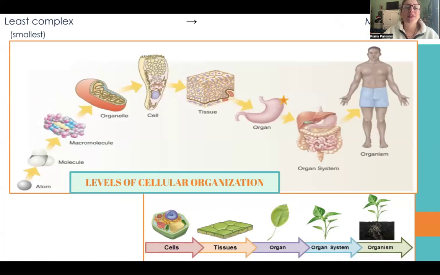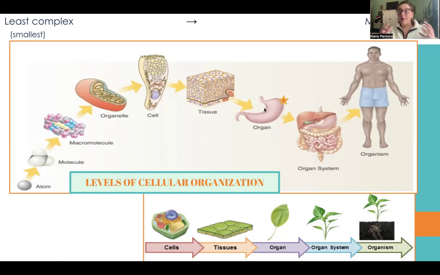So, levels of cellular organization, again, going all the way back: the atom, the molecule, the macromolecule, the organelle. Our cells are made up of organelles, which are functional parts of the cell that carry out a specific function. Our tissues are made up of cells, which are functional units of the tissue that carry out a specific function to help the tissue carry out its function as part of the organ.